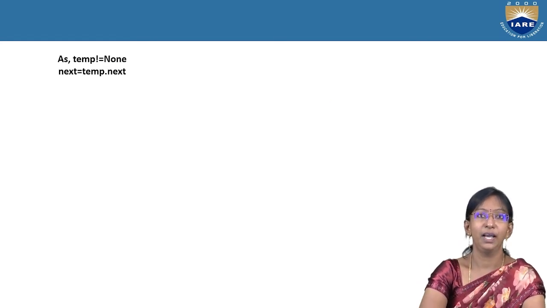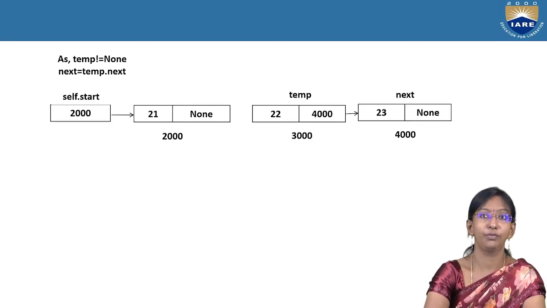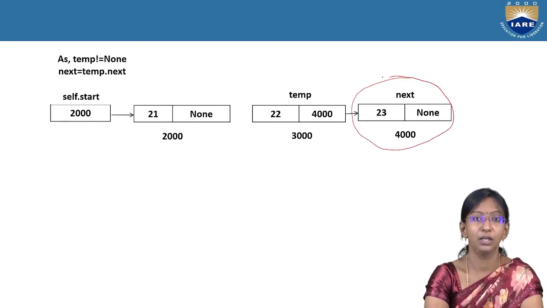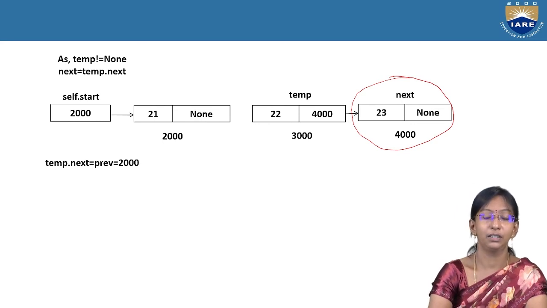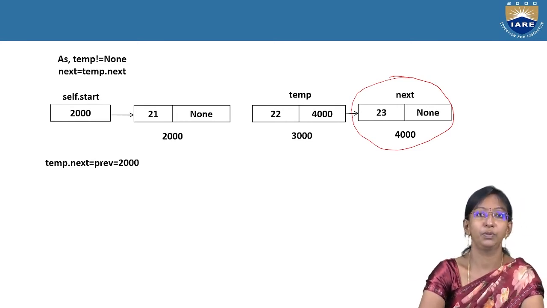So let's start again. If temporary is not None, obviously it's not None, it is 3000. So name the next node of temporary as next. The next node of temporary is at location 4000, name it as next. Now change the addresses: the content that temporary is pointing to, saying this is my next node, make it the previous one.